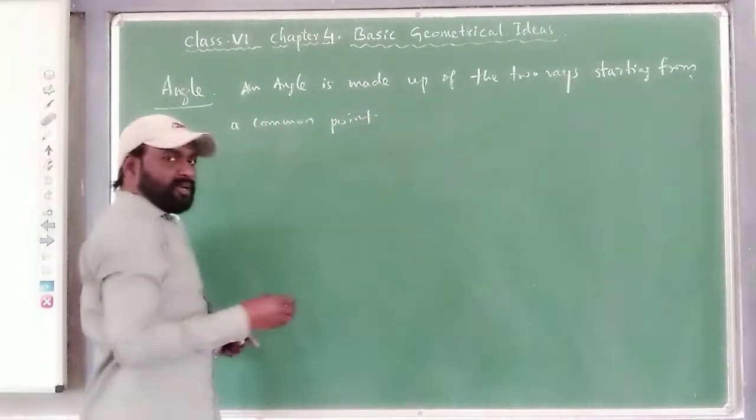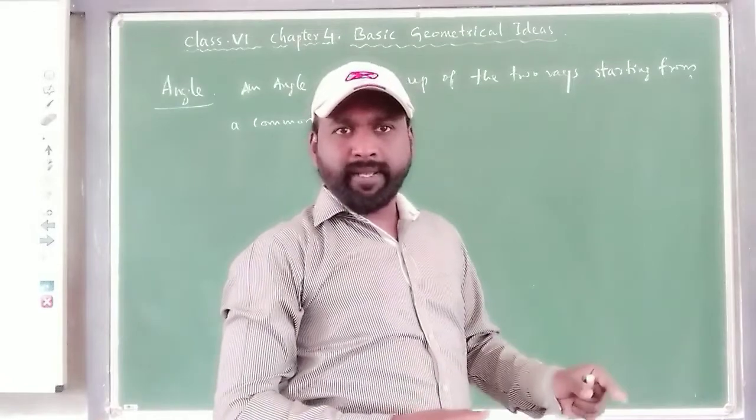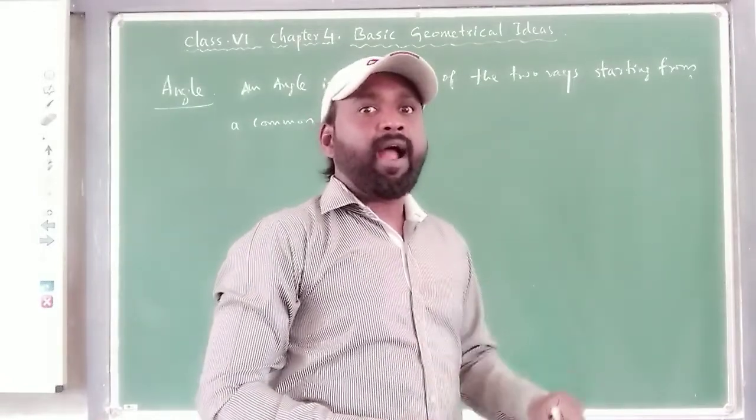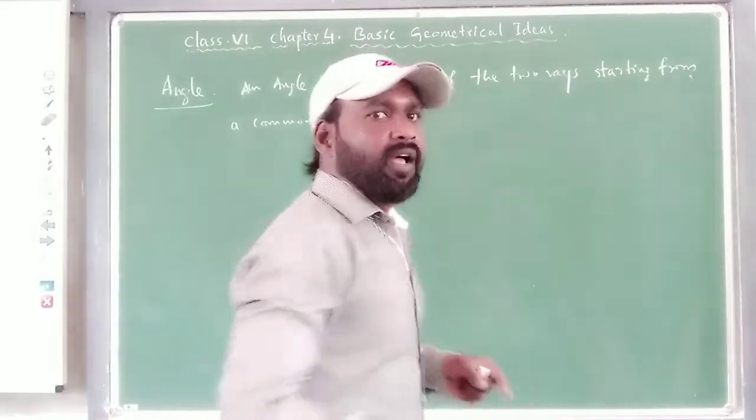The common point is known as the vertex and the two rays are called the hands or arms of the angle.